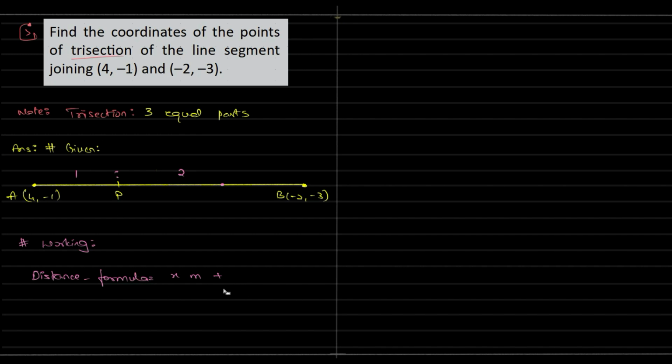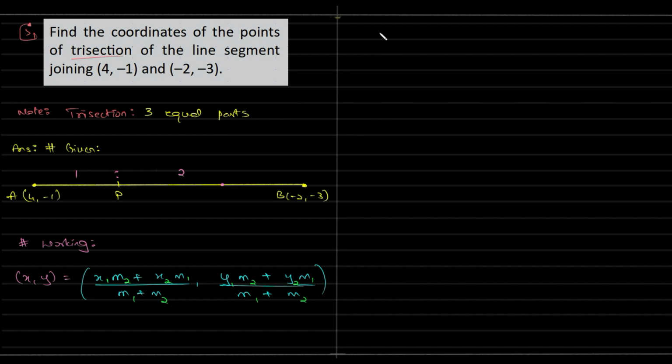We have the section formula: (x, y) = (m1x2 + m2x1)/(m1 + m2), (m1y2 + m2y1)/(m1 + m2).